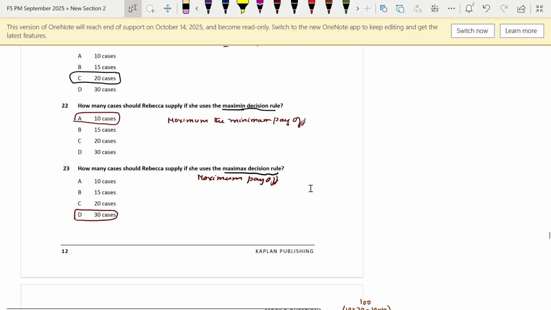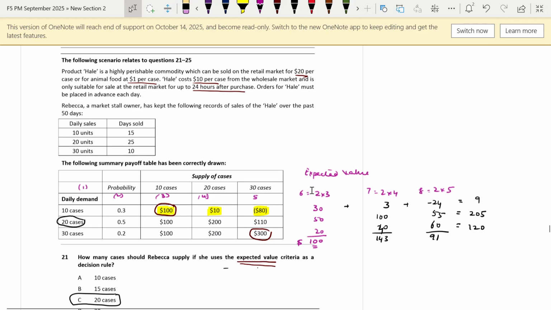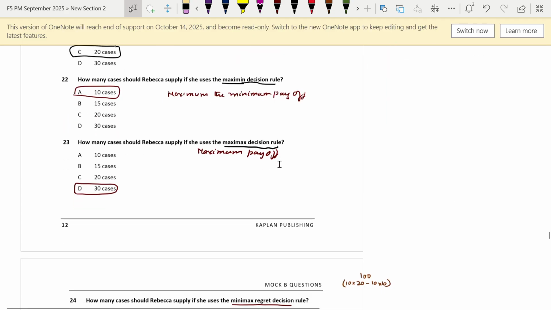Ten cases, no? It should be like this. How much is there? 100 minus 100, okay, 0.